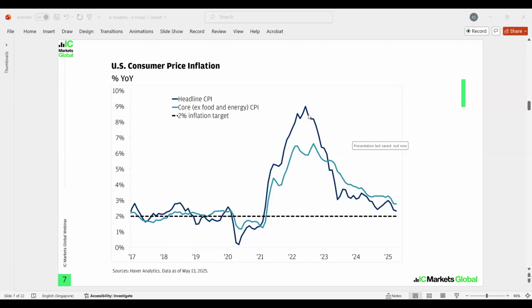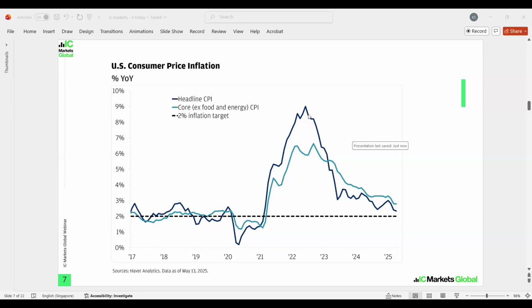At its core, CPI is simply a measurement of how much the average price of goods and services is changing over time. If CPI is rising, it means inflation is increasing and the purchasing power of money is declining. If CPI is falling, it means that inflation is cooling and price pressures in the economy are easing.